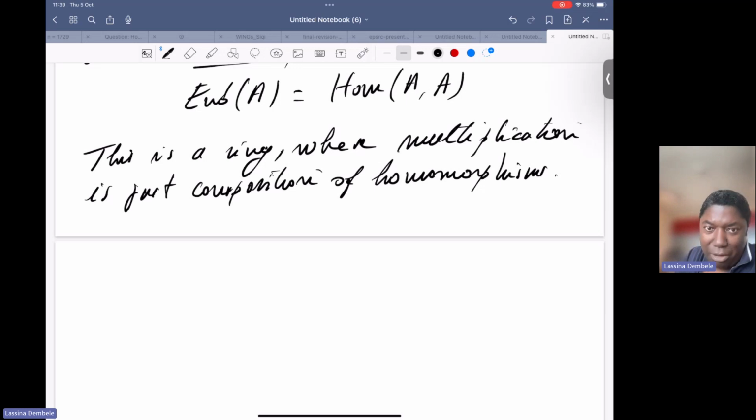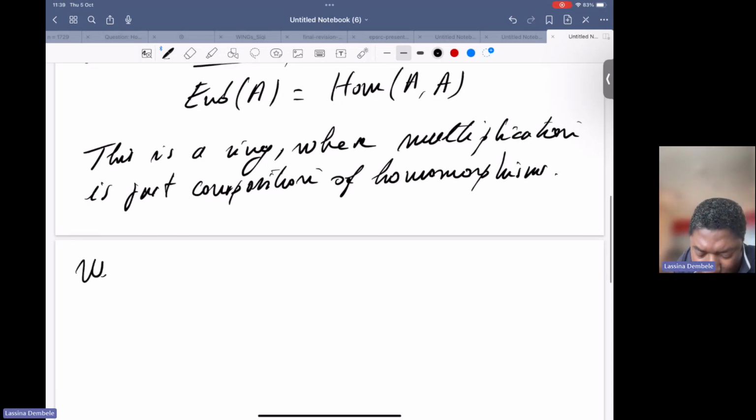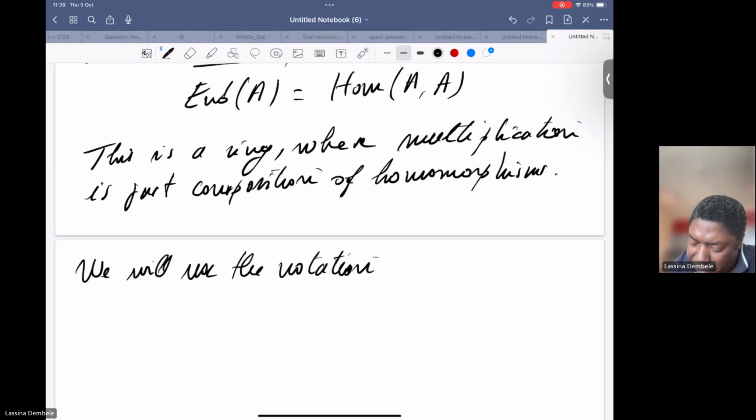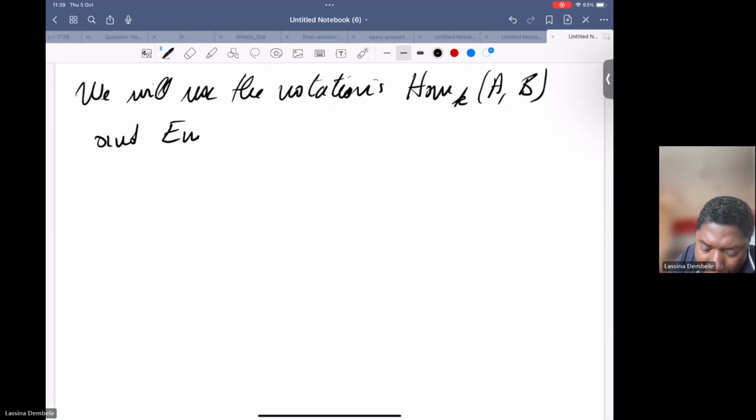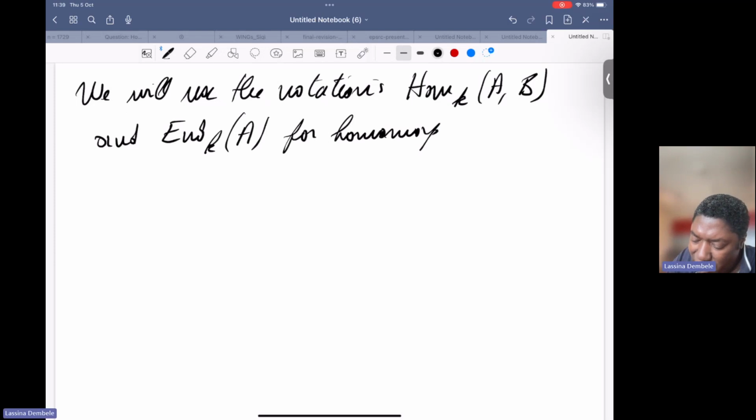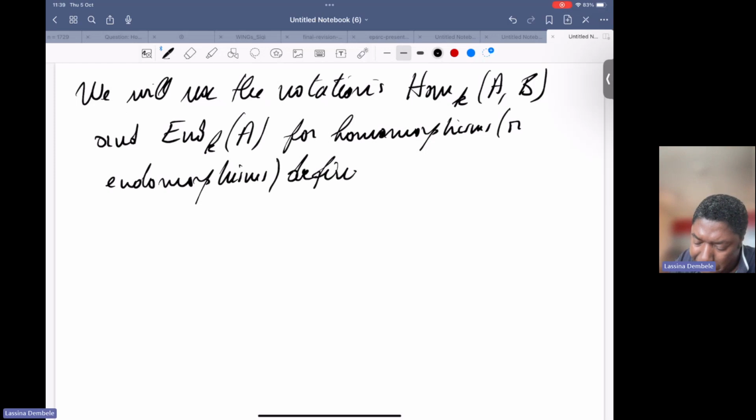So in that case, we will use the notations Hom_K(A, B) and End_K(A) for the homomorphisms or endomorphisms defined over K. Okay, so that will avoid any kind of confusion when we are talking about this object.